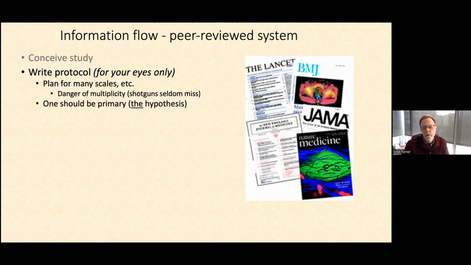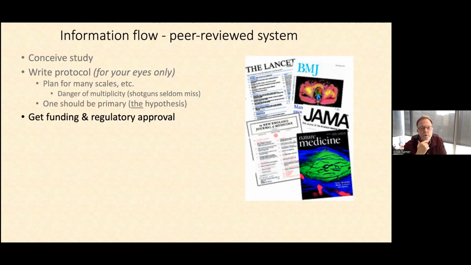But one of them should be the primary. You have to pick one as the hypothesis. Usually you can't just say something is going to turn up positive, because the problem is one of multiplicity, and as I have there in parentheses, shotguns seldom miss. If you spray a target with a shotgun, you're going to hit something. You're going to get lucky and hit the target, but that's why you have to guard against multiplicity and pick a primary up front.